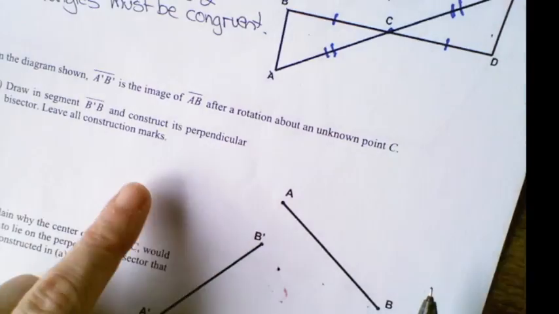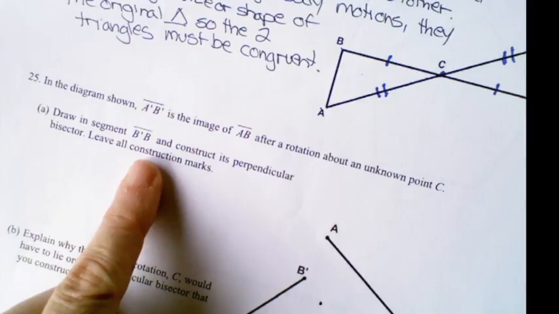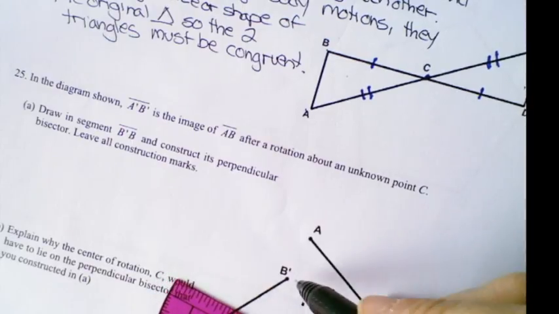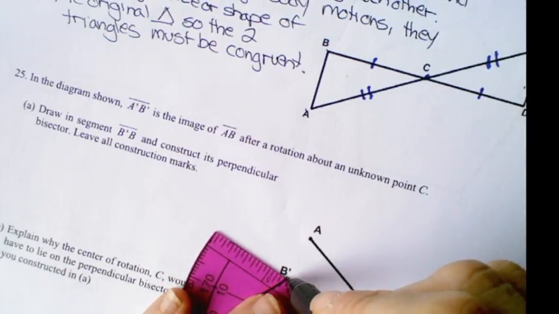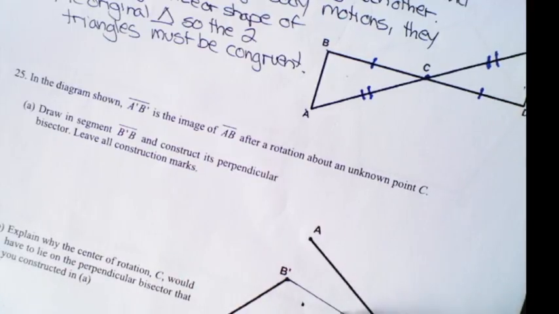So draw in segment B prime B. Let's do that first. And if you recall, point rotations always revolve around a point directly in between, the midpoint between the before and after motions.